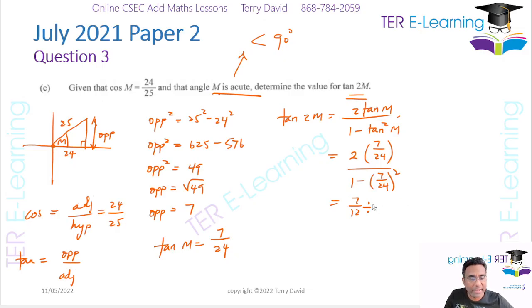And what I'm getting here, using the fraction part in the calculator, which is going to help me, is 527 over 576. So when I divide this now, I'm getting 336 over 527. So we're working in fractions here, guys, because the question said determine the value of tan 2m. So there's the answer here. That's your answer.